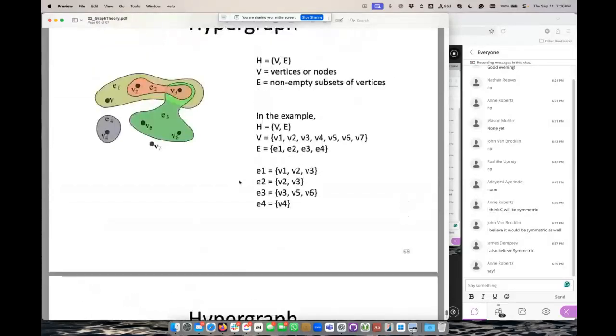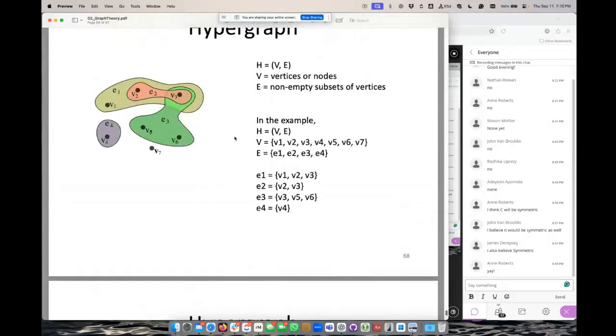But if you were to calculate degree, which is the simplest measure for a vertex, you can clearly see for vertex, let's say V1, how many edges or how many relationships V1 is a part of, right? So only one. You can see that V1 is part of edge 1, only one relationship. So here we have the degree of V1 as 1, right?